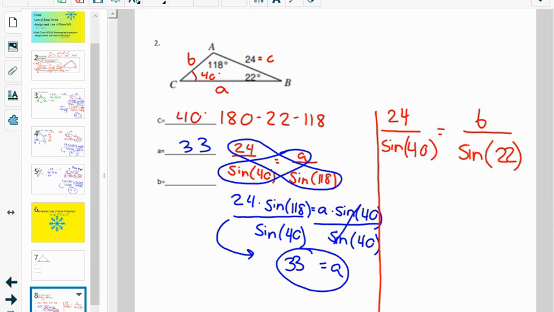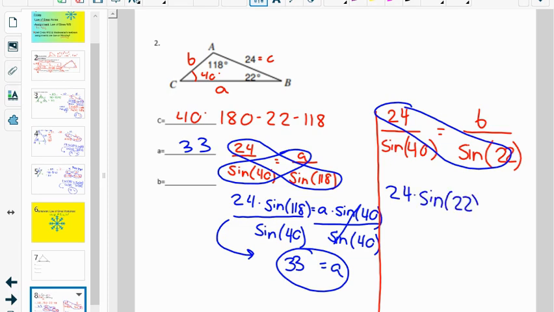Cross multiply to solve. 24 times sine of 22 equals B, I'm going to put that down here, B times sine of 40, and then divide both sides by sine of 40.